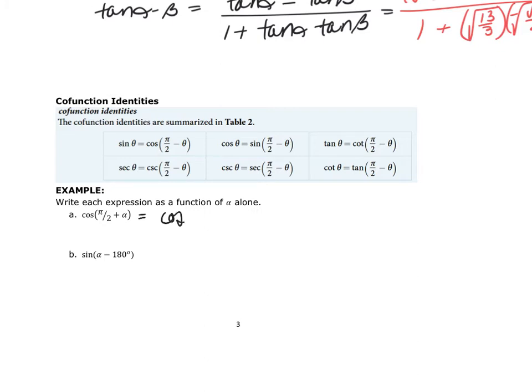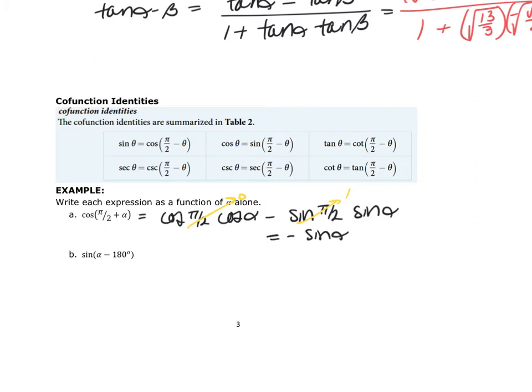This would have been the cosine of pi over 2, the cosine of alpha, minus the sine of pi over 2, the sine of alpha. But the cosine of pi over 2 goes to 0, so that whole term goes to 0. The sine of pi over 2 goes to 1, so this just becomes negative sine alpha.